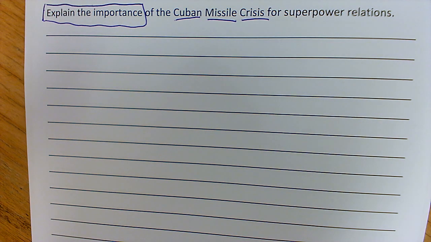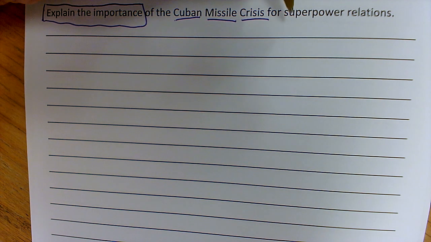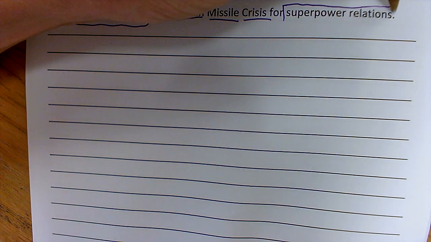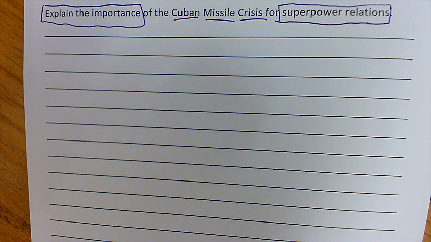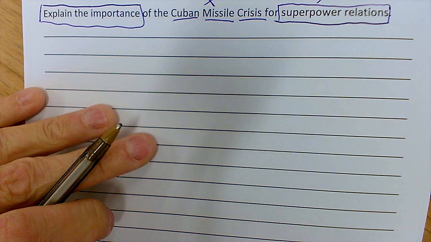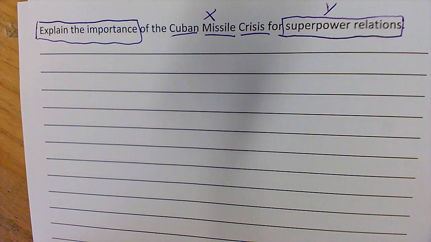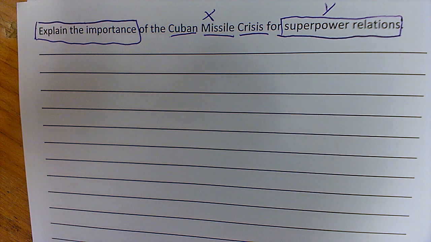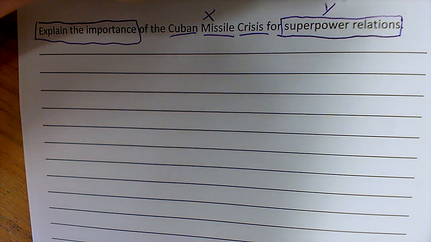But the importance question is a bit weird, and I'm also going to underline a second action word or key phrase, in this case, superpower relations. I must explain in this question the importance of X for Y. The importance of the Cuban Missile Crisis for superpower relations, which effectively refers to tension.